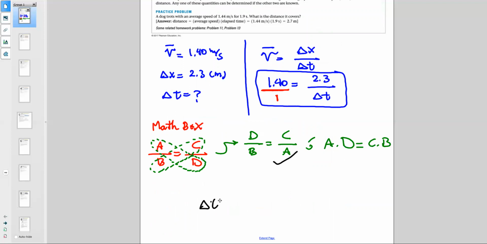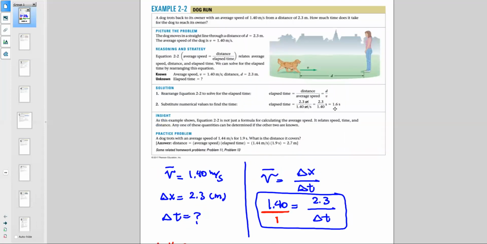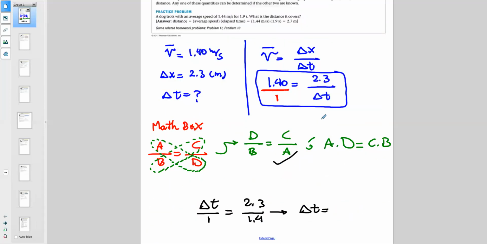So delta t over 1 is 2.3 over 1.4. Delta t over 1 is just delta t. Okay, 2.3 divided by 1.4. If you have a calculator, it will get you 1.6 seconds. So it will take the dog 1.6 seconds to get to his owner.